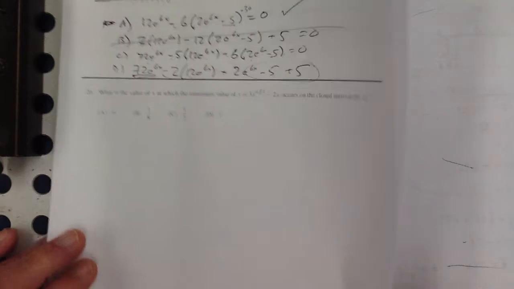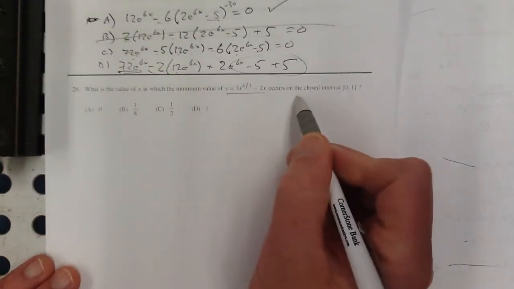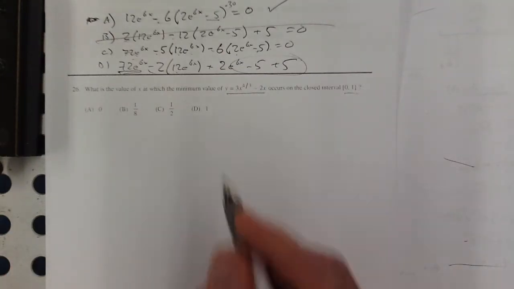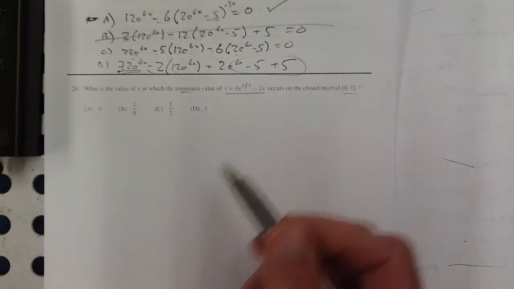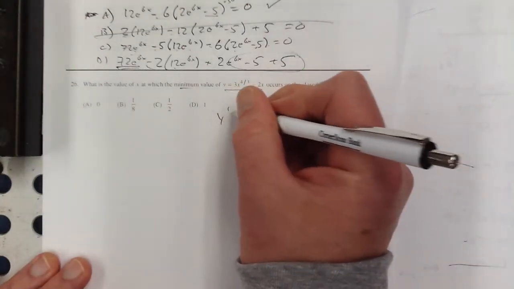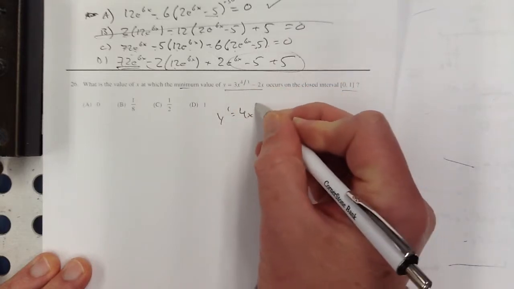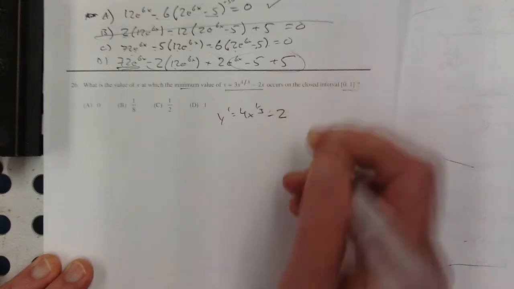Number 26. What's the value of x at which the minimum value of this occurs on the closed interval from 0 to 1? Looking for a minimum, so I'm going to go ahead and find the derivative of this. Multiplying that out, y prime is equal to 4x to the 1/3, that's the power rule, minus 2.